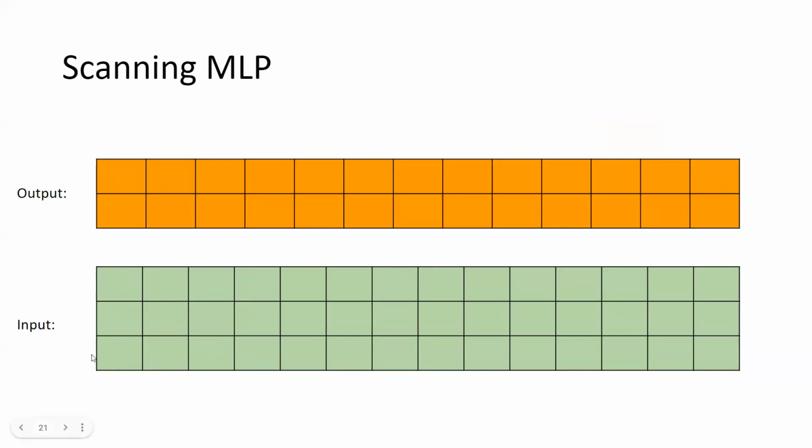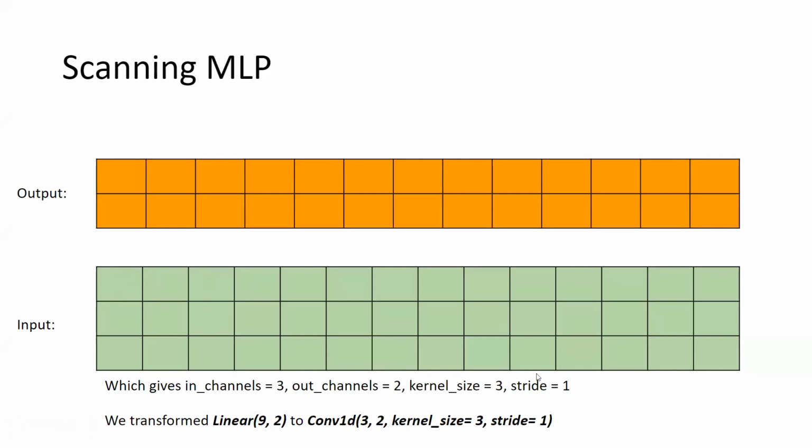There are 3 input channels here, and we have 2 output channels. We knew that our kernel size was 3, that is the window of finding welcome in the audio. And our stride was 1 because we were moving ahead by 1 step every time. So we can use these parameters to construct a Conv1D layer with in channels, out channels, and so on. That will give me the exact output as my MLP did when the MLP was linear of 9/2.